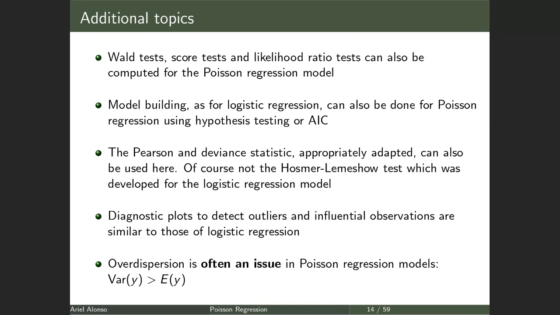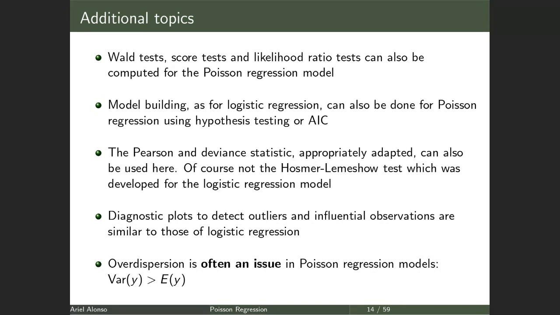Now, a problem that happens very frequently in Poisson regression is the problem of overdispersion. The data show more variability than what the model predicts. And that's why this is a problem that we are going to study in some detail.